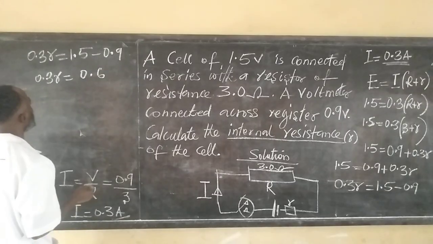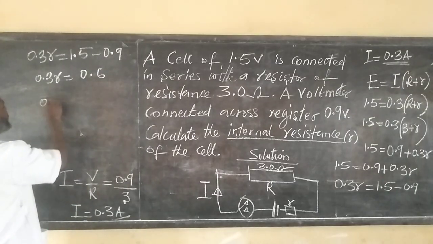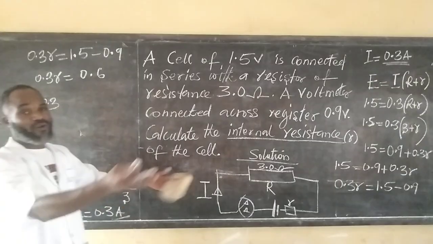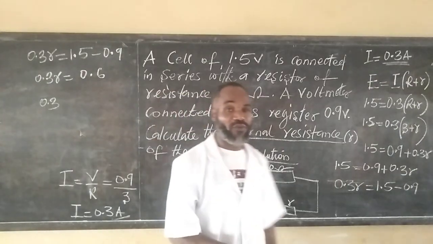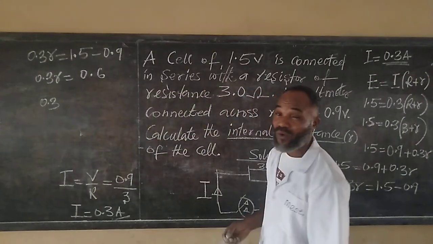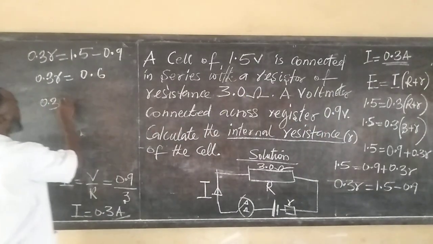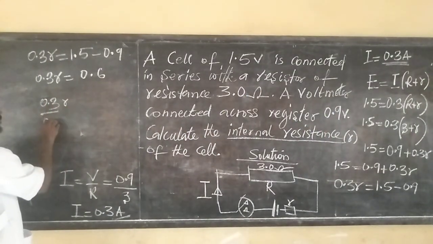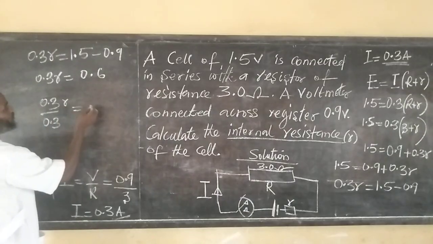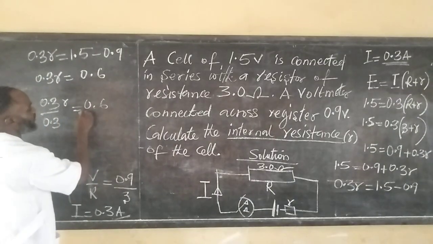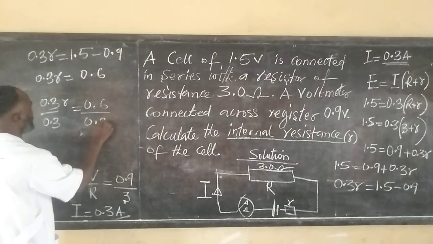By the time we divide all through by 0.3, we will have only the internal resistance remaining: 0.3 r over 0.3 is equal to 0.6 over 0.3.